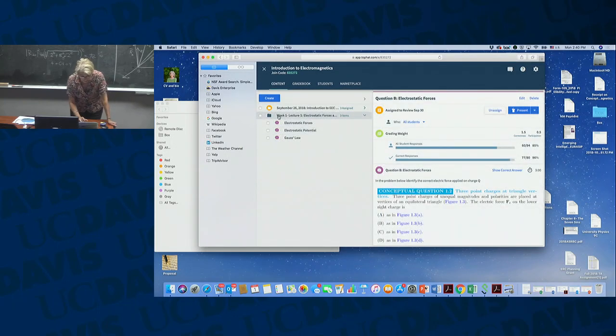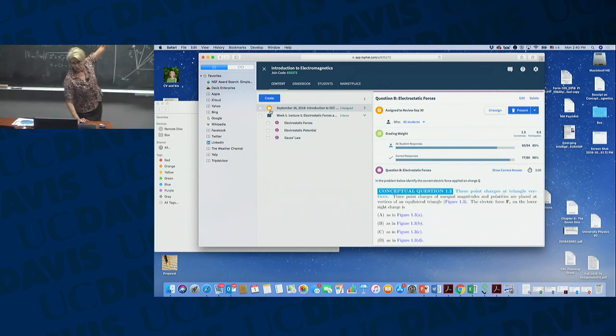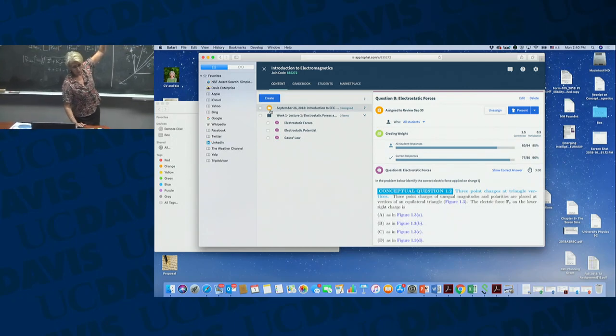When you see this orange up there, that means you can review the first set of questions. You can have them always available to you if you want to review them. The other ones are the ones that I have created.